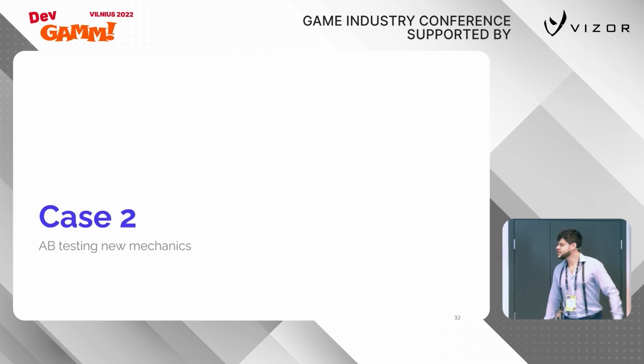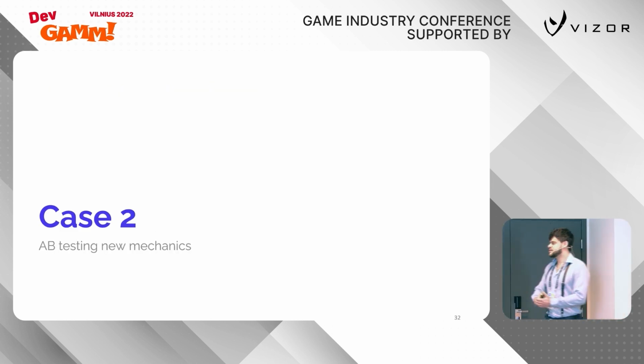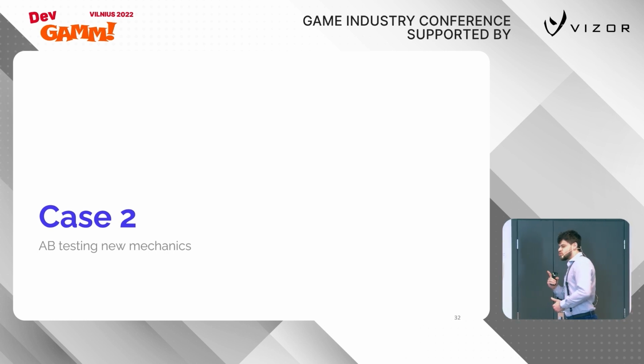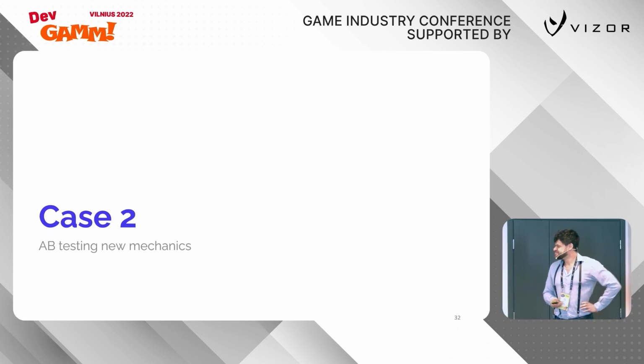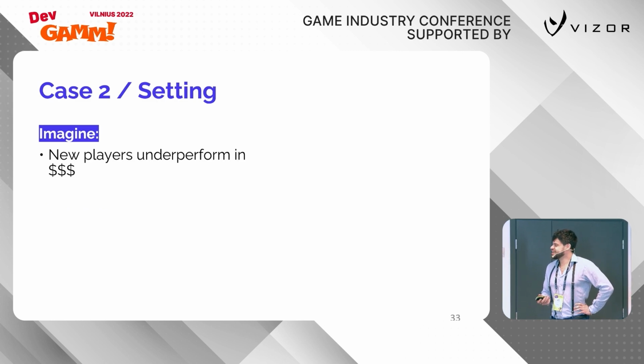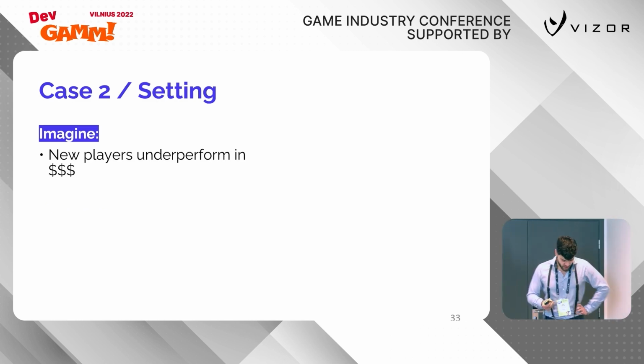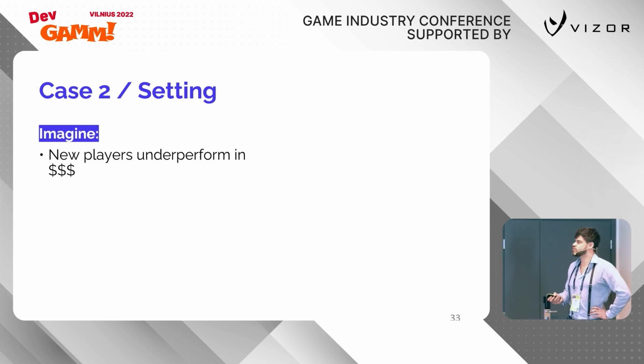Okay, good. Second case, A/B testing new mechanics. Who has run A/B tests in the last year? Great. Okay, I'm happy to see a lot of hands. Imagine a scenario. We have a game, and we see that it underperforms in revenue for new players.